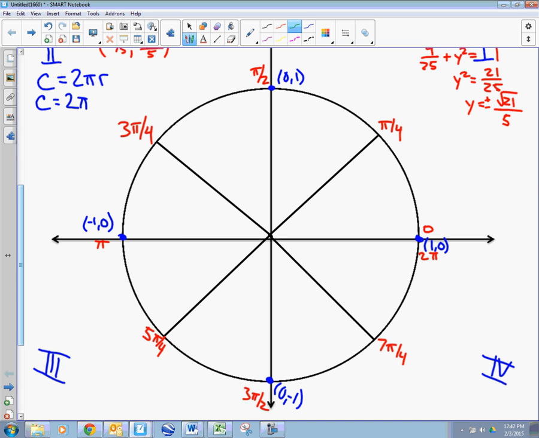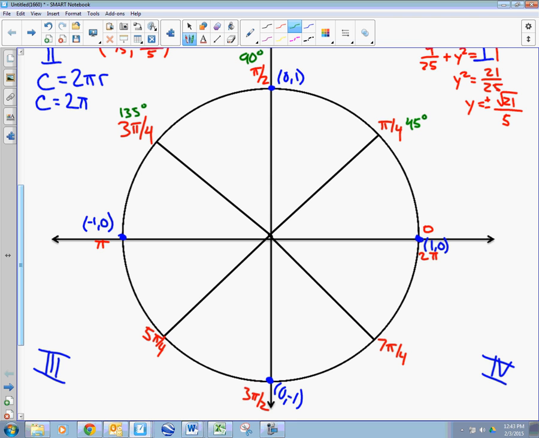What angle is associated with pi over 4? 45. Why? Because it's half a 90. This is the same thing as a 45-degree angle. That location. A 45-degree angle will intersect the unit circle at the spot where you've traveled pi over 4 units. Pi over 2 is 90. 3 pi over 4 is 135.